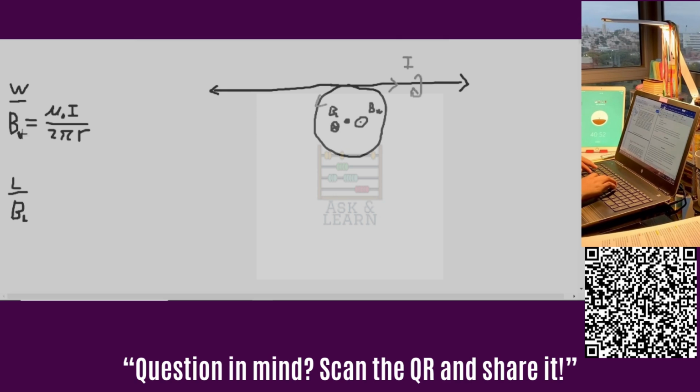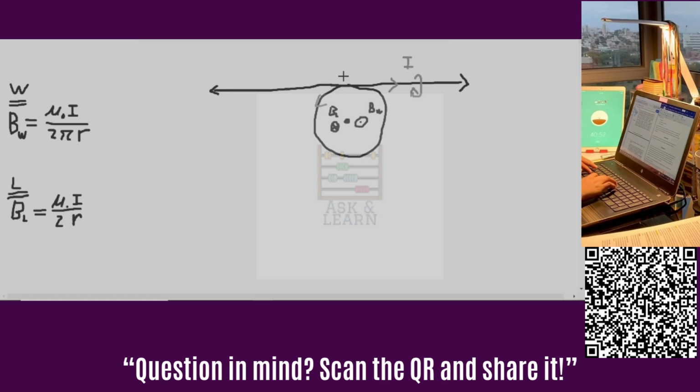But because these have to cancel, we can set the magnetic fields equal to each other. Let's double line that just so it doesn't get mixed up with our equation. So we have the magnetic field from the loop equal to mu naught times I divided by 2r, where r is the radius of the loop.